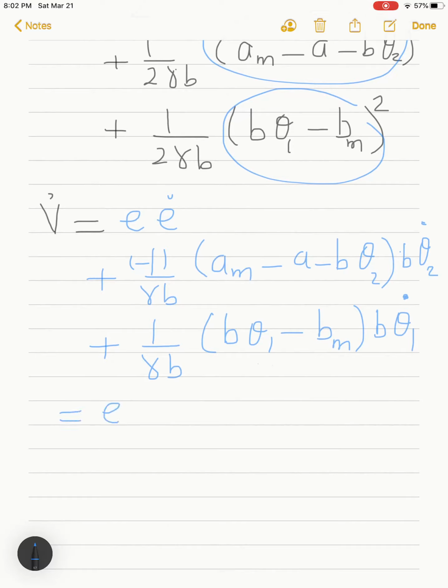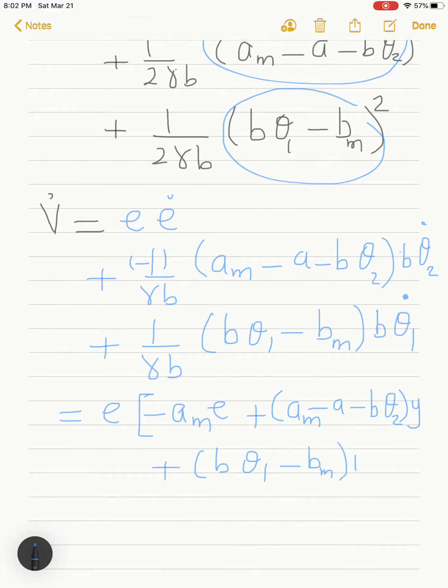That would be e times minus am e plus am minus a minus b theta 2 times y plus b theta 1 minus bm times uc.